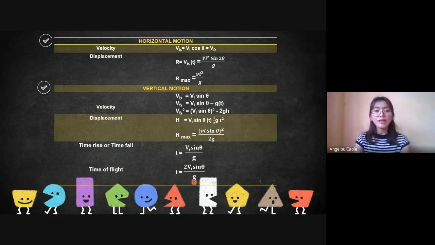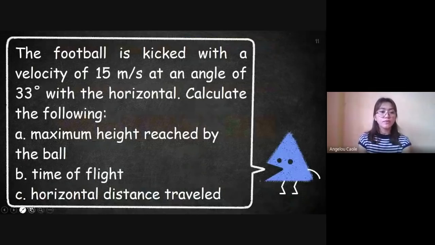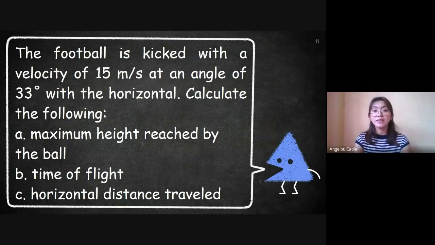Let's try a problem under this vertically launched projectile. We have here, the football is kicked with a velocity of 15 meters per second at an angle of 33 degrees with the horizontal. Calculate the following. A, maximum height reached by the ball. B, time of flight. And C, horizontal distance traveled.